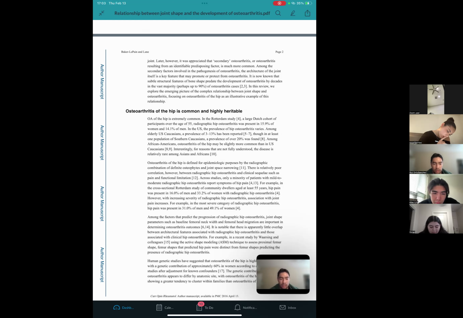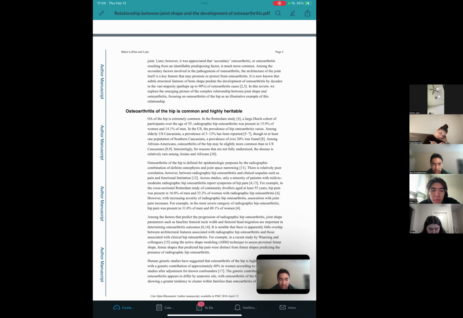However, with increasing severity of radiographic hip osteoarthritis, association with joint pain increases. For example, in the most severe category of radiographic hip osteoarthritis, hip pain was present in 31.0% of men and 49.1% of women. Among the factors that predict the progression of radiographic hip osteoarthritis, joint shape parameters such as baseline femoral neck width and femoral head migration are important in determining osteoarthritis outcomes.